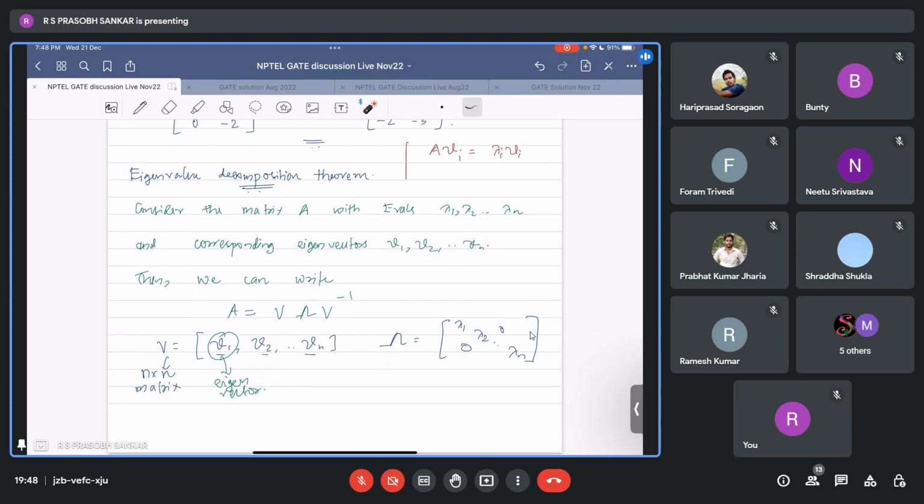Similarly, lambda is a diagonal matrix with the eigenvalues lambda 1 to lambda n on the diagonal. The first column here is v1, and the first entry here is lambda 1. The second column is v2, the second entry is lambda 2, and so on. So this is known as the eigenvalue decomposition theorem.